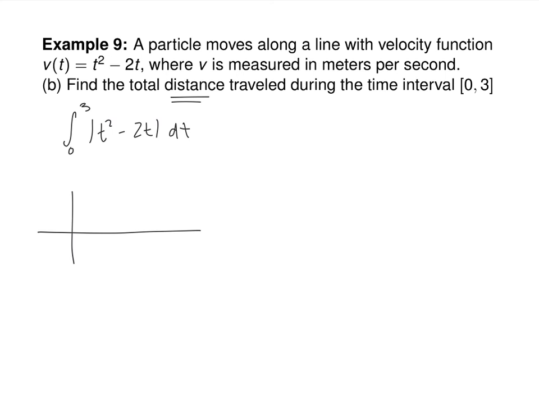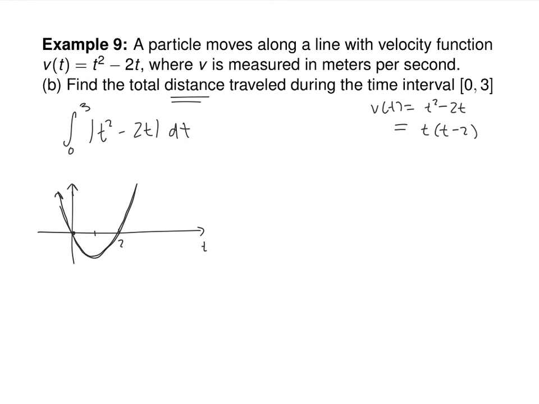So look at the v of t function. So v of t is t squared minus 2t, which is the same thing as t times t minus 2. So if I was graphing this parabola, where would it cross the t or x-axis? 2, and where else? 0. And it'll look like this, right?